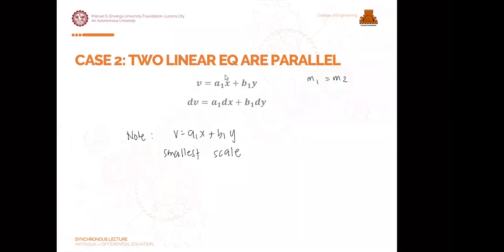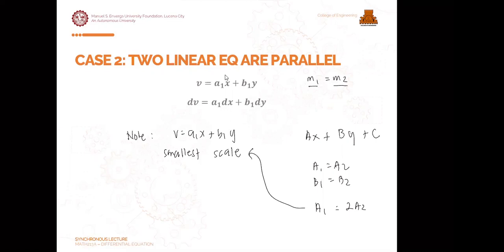Kasi 'di ba kung magiging parallel, kung magiging equal yung m1 and m2 natin, more likely yung value ng a at b nung mismong equation natin is either equal yung value ng a and b, a1 is equals to a2, b1 is equals to b2, or pwedeng si a1 is twice nung a2, no? So pag nangyari 'yon, ang hanapin mo is yung smallest scale para i-substitute dun sa given nating transformation.